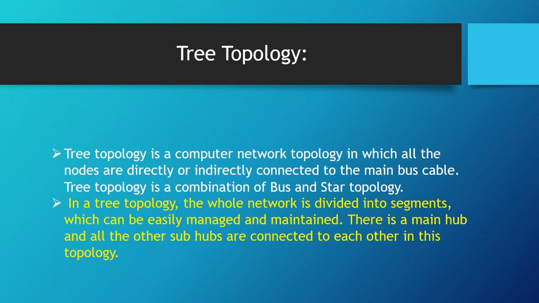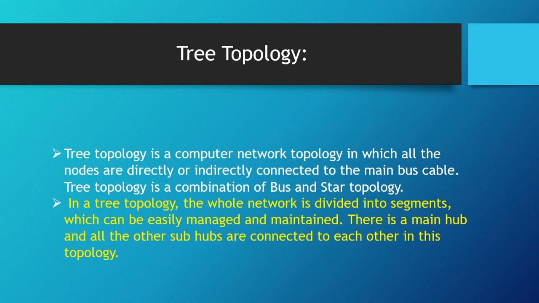Now I will move towards the next topology, that is tree topology. This is the fifth topology. Tree topology is a computer network topology in which all the nodes are directly or indirectly connected to the main bus cable. So basically we can say tree topology is a combination of bus as well as star topology.